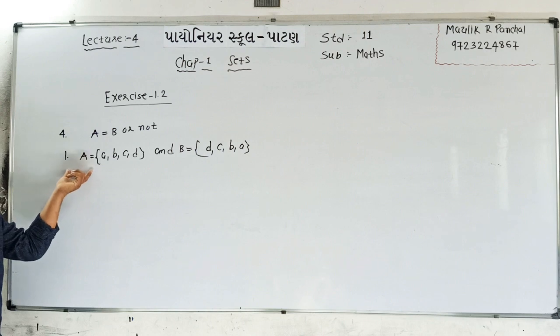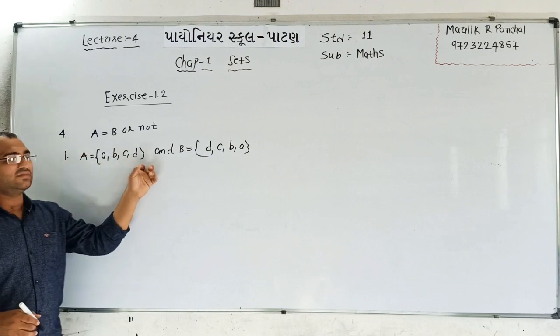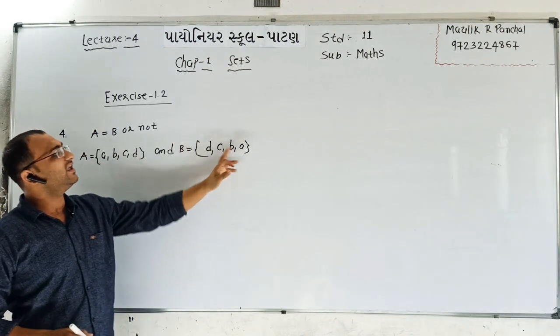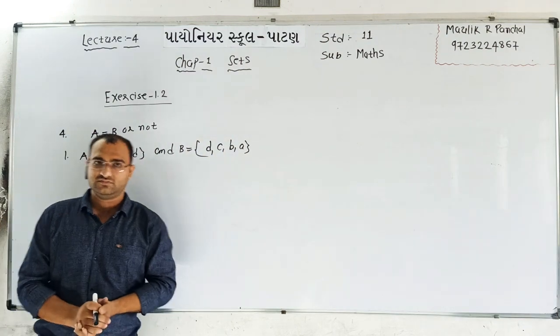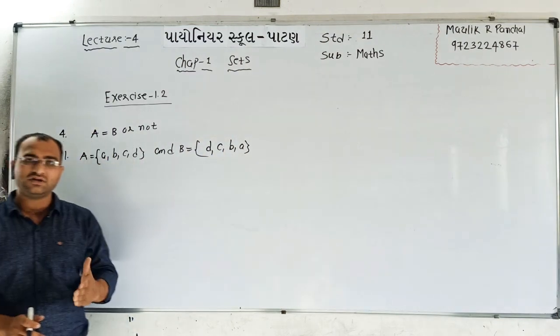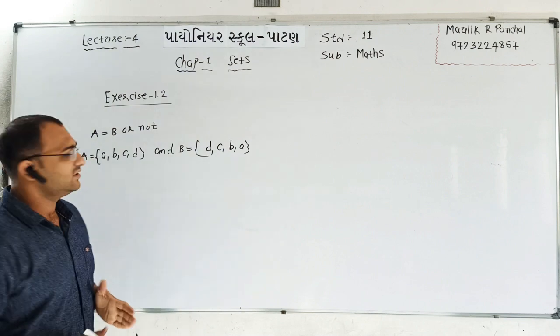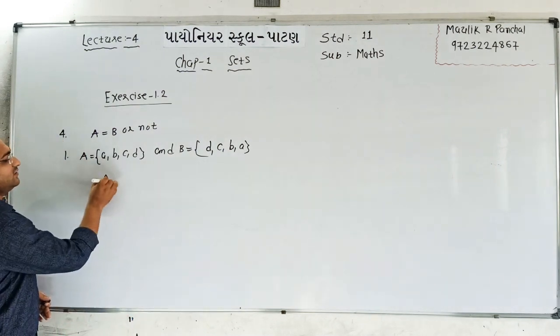In set A, the members are A, B, C, D, and in set B, the members are A, B, C, D. That means both sets have the same members. That means A equals B.